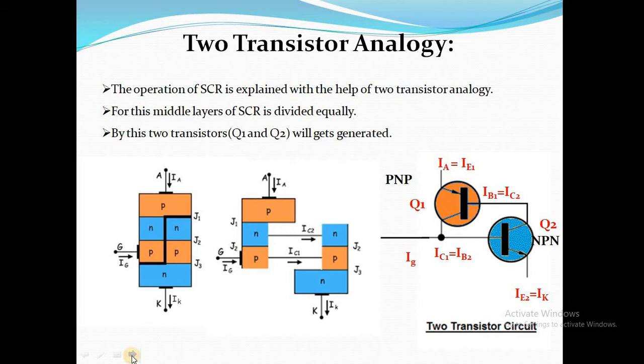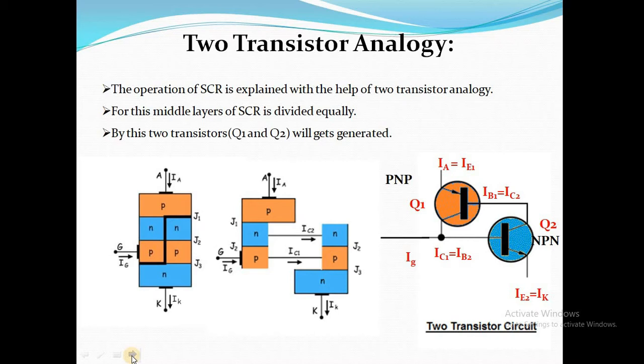So this semiconductor device is called a silicon controlled rectifier. I want to repeat that thyristor is the same as SCR, and SCR is the same as thyristor. Whenever we say thyristor in any sentence, it directly indicates the SCR only.